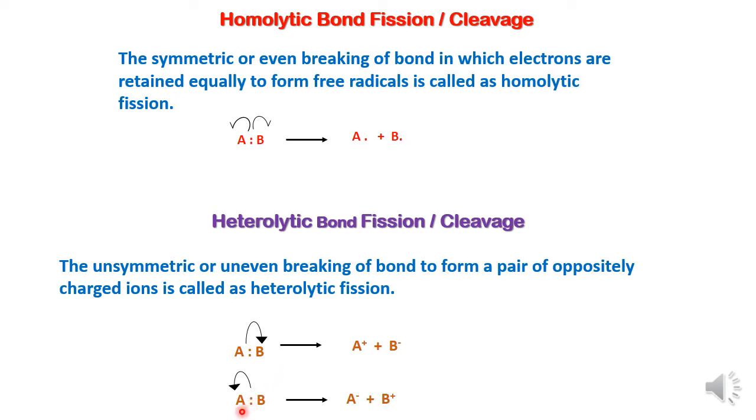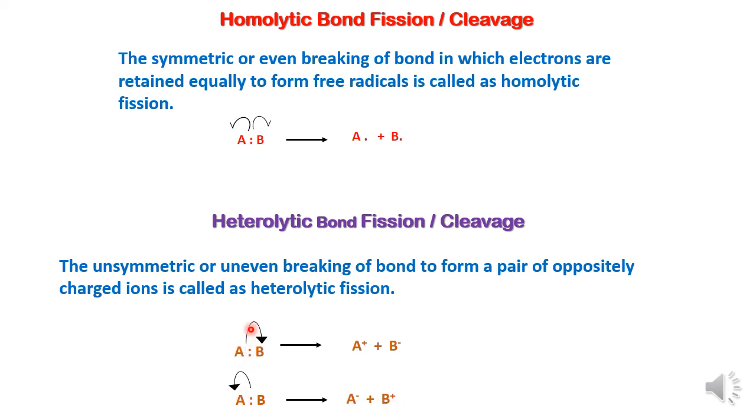In another example, suppose AB is there, two electrons are there, but the arrow here indicates that the electron pair is shifted towards A. So the direction of the arrow suggests that the electron pair is shifted towards A, and that's why there will be an A minus charge and a B plus charge, because the electron is lost from B and it is going towards A. That's why we are getting A minus and B plus.